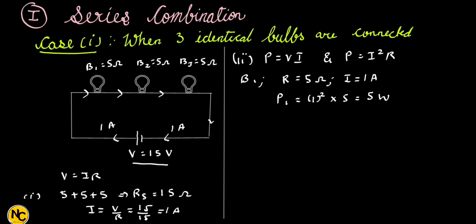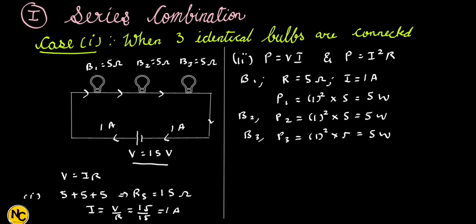Similarly for bulb 2, P2 is equal to I square into R, 5, which is also equal to 5 watt. And similarly for bulb 3, P3 is equal to I square into 5, again 5 watt. So here we can see the power of all three bulbs is the same, that is 5 watt, 5 watt and 5 watt. The power is directly proportional to the brightness.